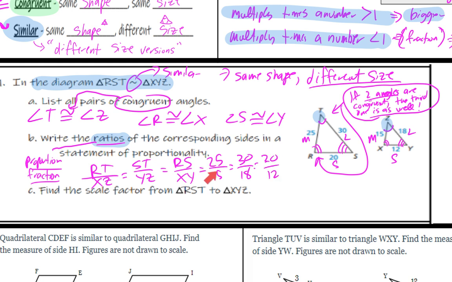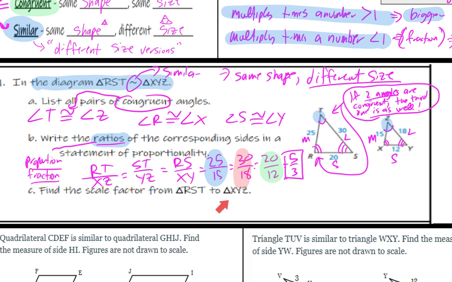So if you put that in your calculator, in decimals right now, you would get 5/3. If you put this into your calculator, you would also get 5/3, because these are all the same proportions. So that's what we want to keep in mind. The ratios of the corresponding sides are all the same proportion.